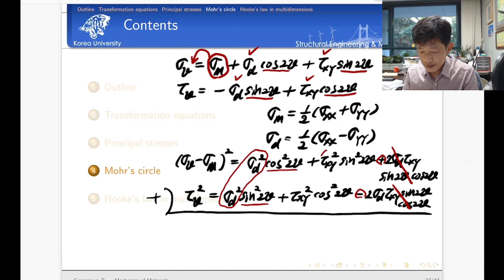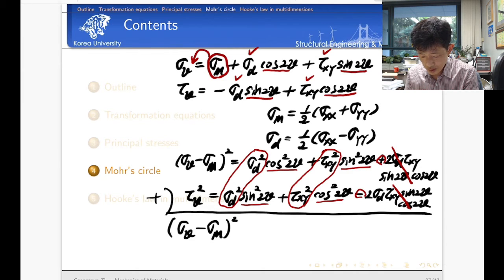And I can find the same situation in the second term: I have a common coefficient, and now I have sine squared and cosine squared, so they are equal to 1. So if you calculate the summation, finally I have sigma theta minus the mean stress, squared, plus tau theta squared, is equal to sigma d squared plus tau xy squared.